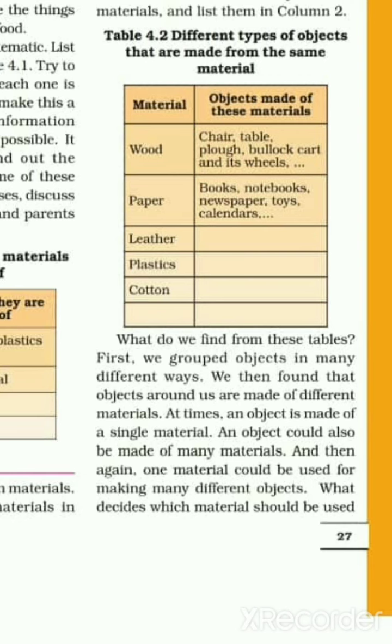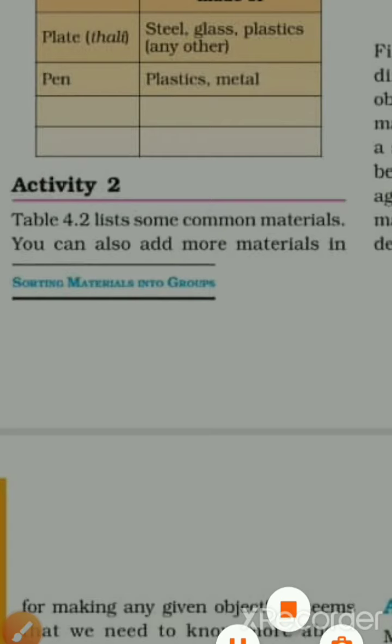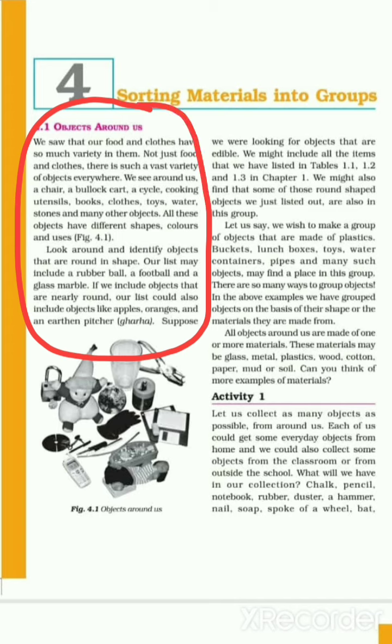So what decides which material should be used for making any given object? It seems that we need to know more about different materials. So in this part, first we learned how to differentiate objects into different categories with the help of their shape, their color, the items from which they are made.